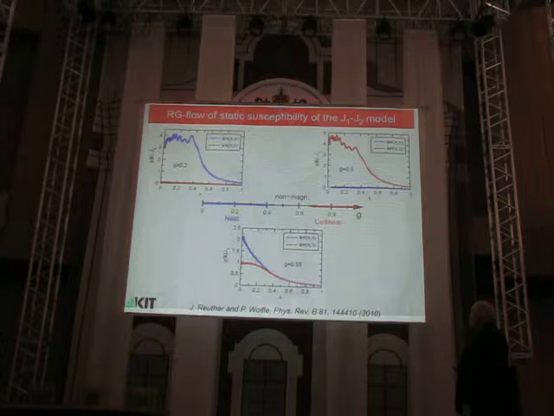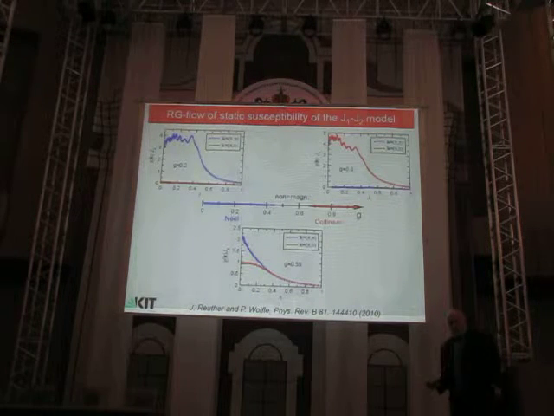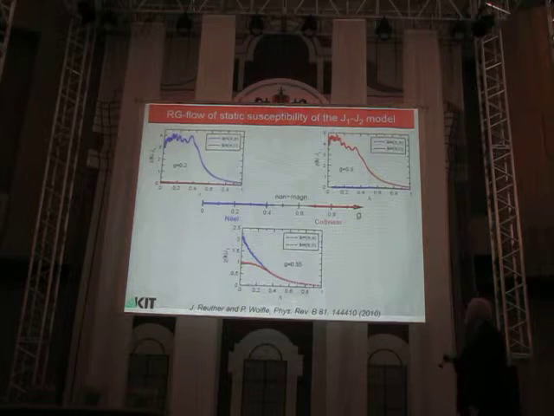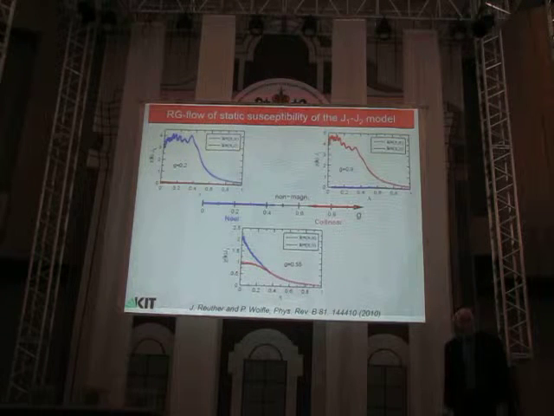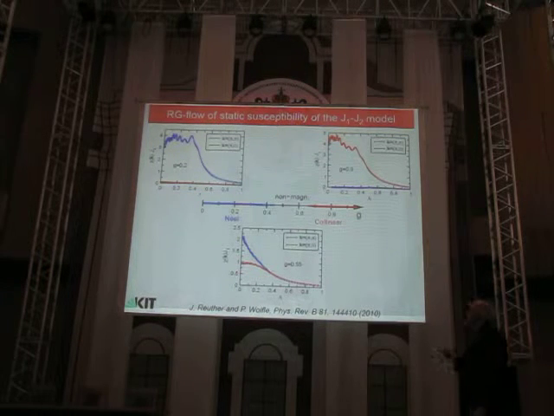So we can calculate, as I said, the Q-dependent, k-dependent susceptibility. So for instance, at the g value of 0.2, where we expect a Néel order, we find that at k equals pi, which is the usual Néel antiferromagnet, the susceptibility starts to increase, so that signals the ordered state.